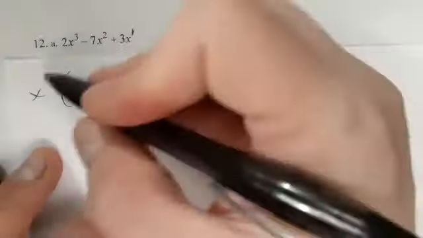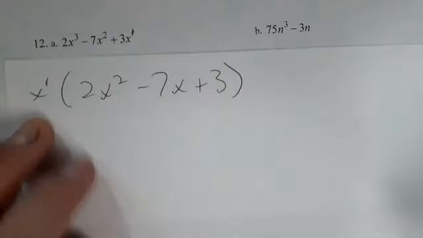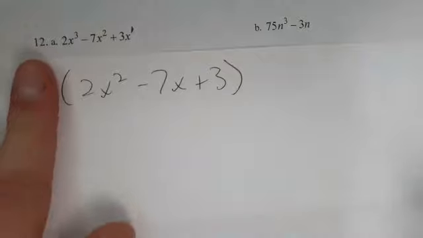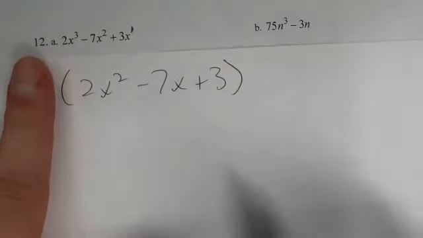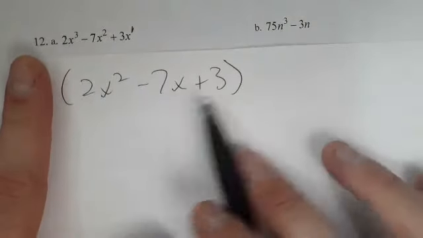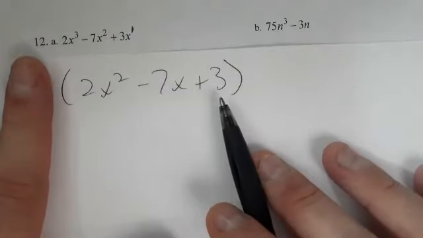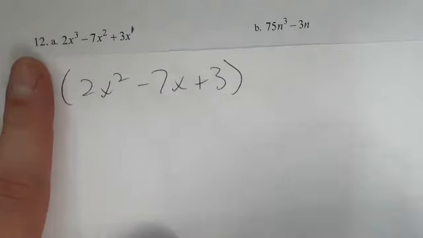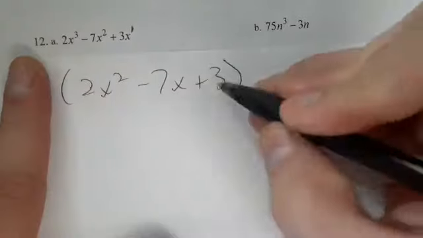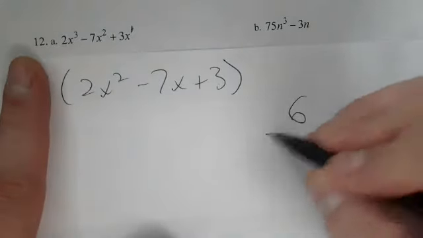Now looking at this, there's a little GCF out here. I want to concentrate on that thing right there. I think, how do I factor this? This thing has 3 terms. I want to do the AC method. So A times C, 2 times 3, is going to give me 6.